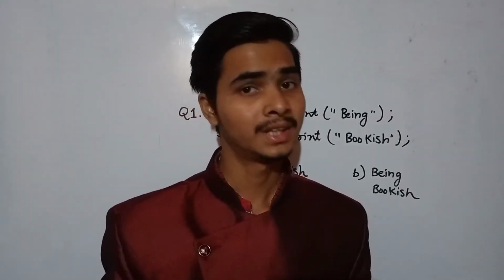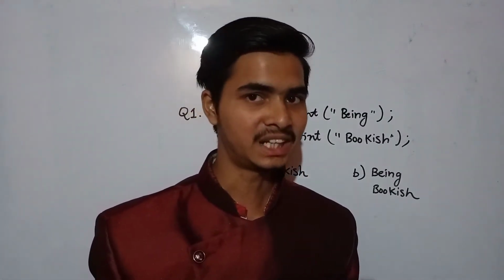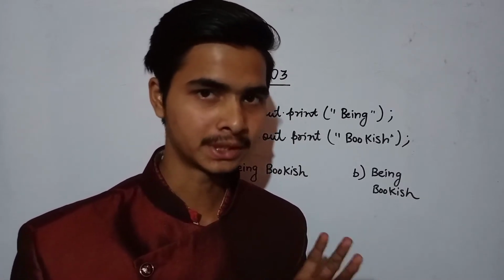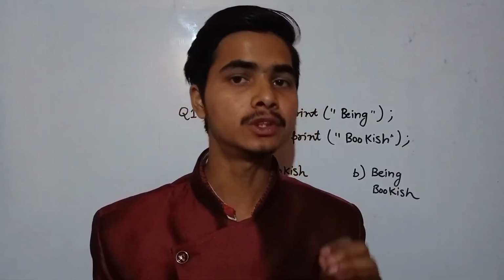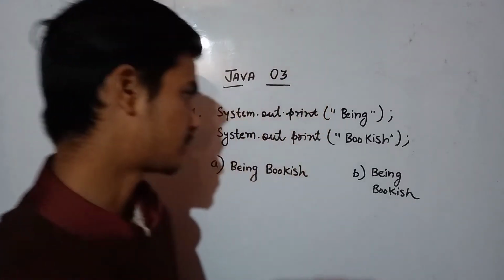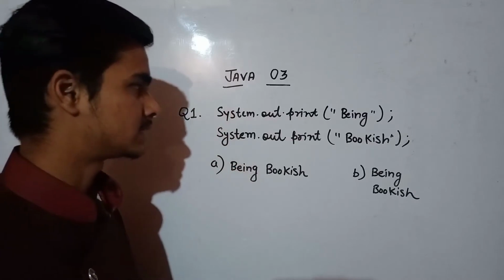In order to clarify, I am going to take a few questions and you should answer what the correct option is. Also, I would go deeper now. How deeper? See here. First of all, what will be the output of these statements?